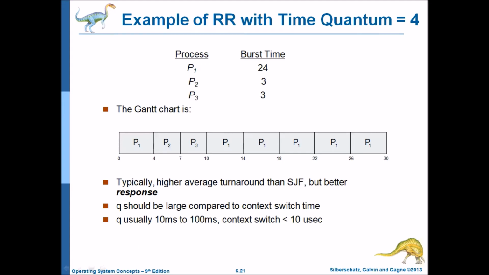So typically round robin has a higher average turnaround than shortest job first, but has better response time.